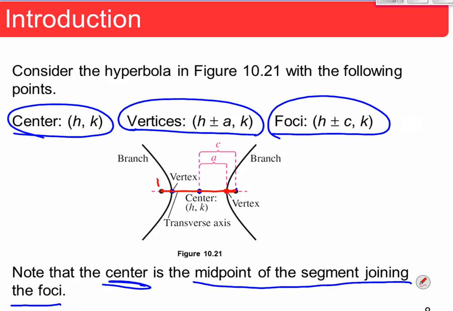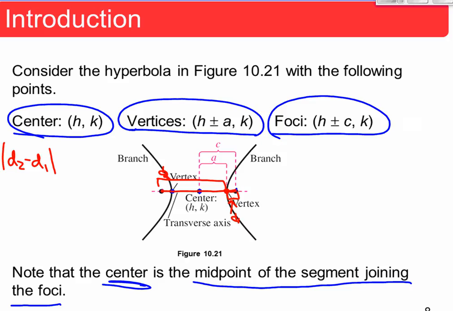So I'll call that D2, and D1 is from there to there. And remember that it's the absolute value of D2 minus D1 that is constant. And we can use that to derive how long that is, and it is going to be this distance of 2a.